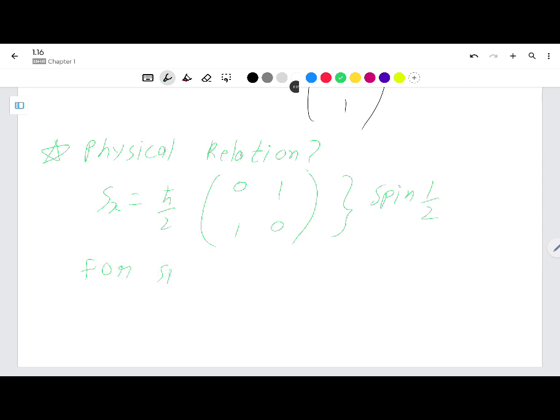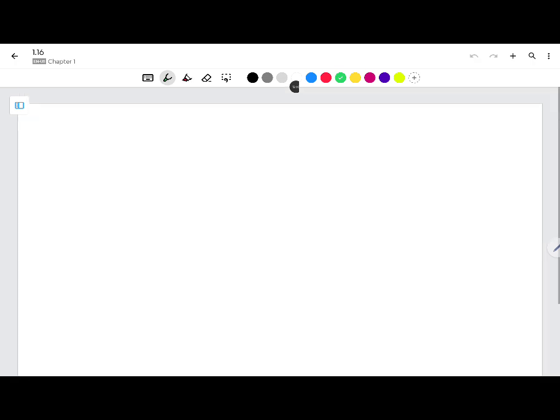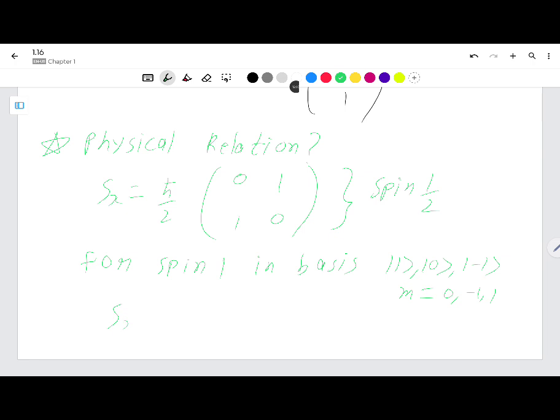We want to write something for, let's say, spin 1. At the basis 1, 0, minus 1. These are just magnetic quantum numbers, 0, minus 1, 1, something like that. You can say 0, 1, 1, 0, 1, 0, 0.